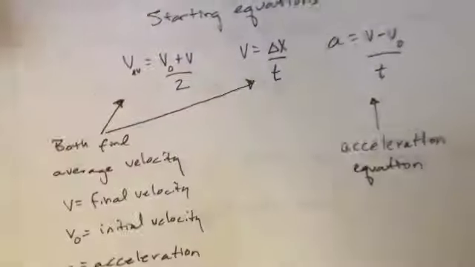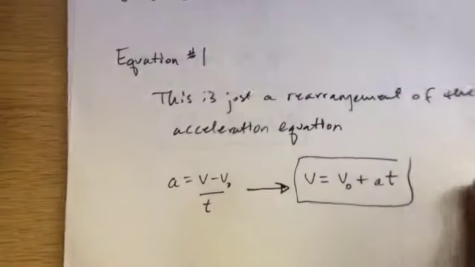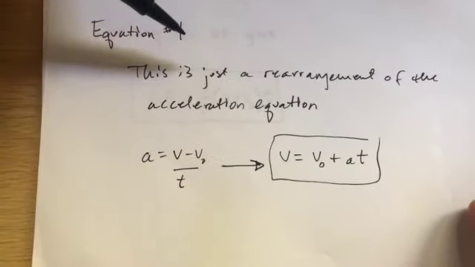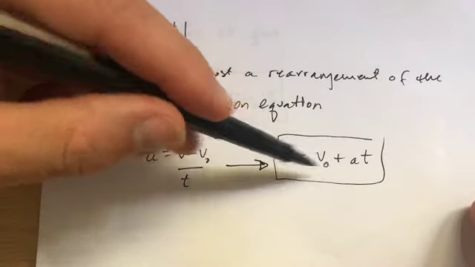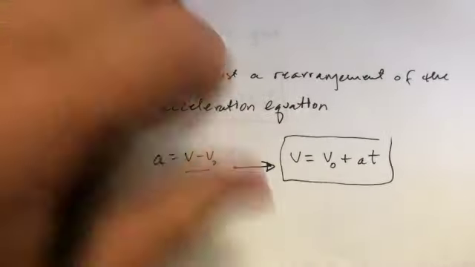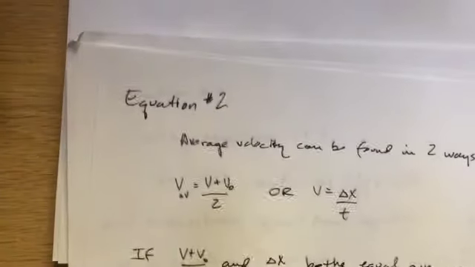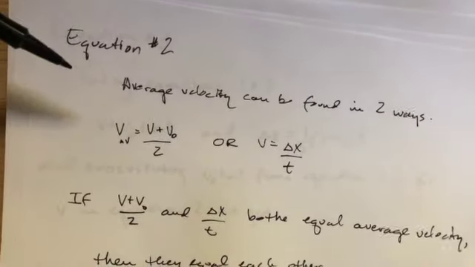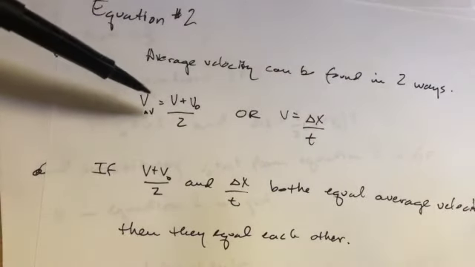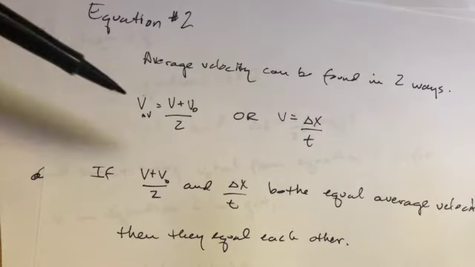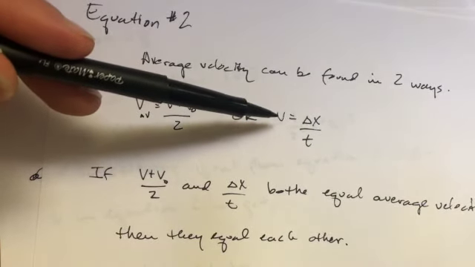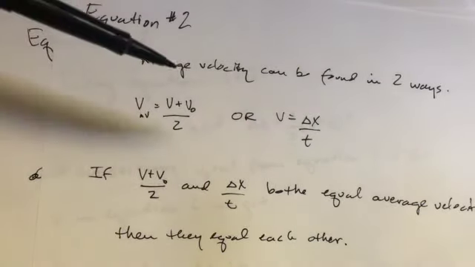Okay, and again, this is the acceleration equation. So this equation here actually is equation number 1 of the big four. We take that equation, we solve for V, but we just rearrange. So that's equation number 1. That's where that comes from. All right, equation number 2. So now we look at two of those equations we started with, our average velocity, where you add the first and the last and divide by 2, and average velocity is your displacement divided by time.